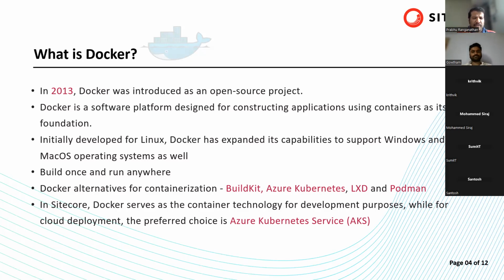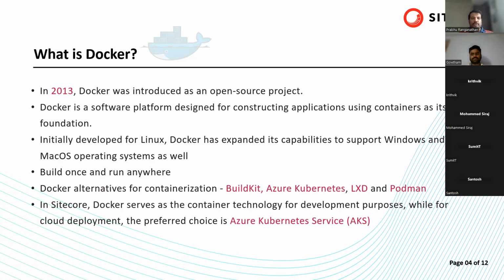In the initial stage, Docker was developed specifically for Linux, and then it slowly expanded its capabilities to support Windows and macOS as well. So right now, Docker supports all three platforms. And the main concept of introducing Docker is build once and run anywhere.